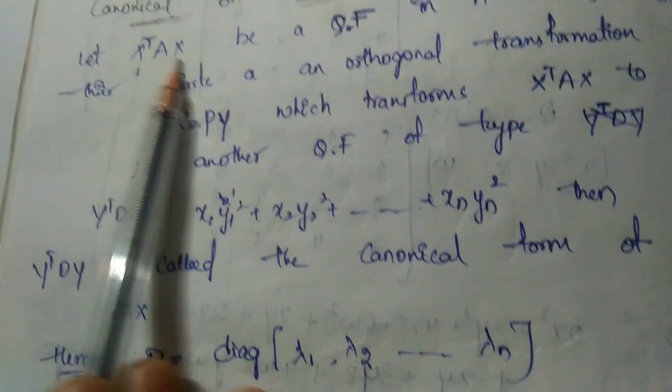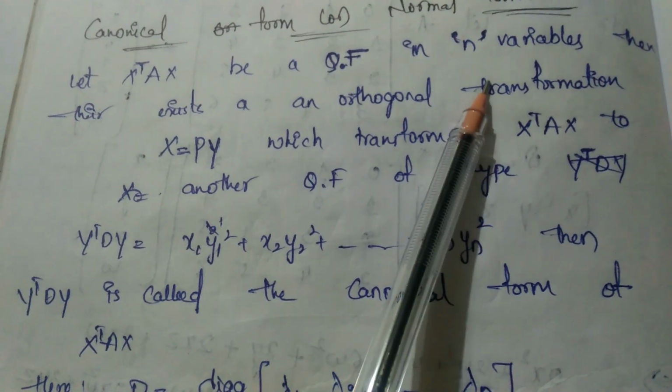So this is the quadratic form we are taking, in n variables.